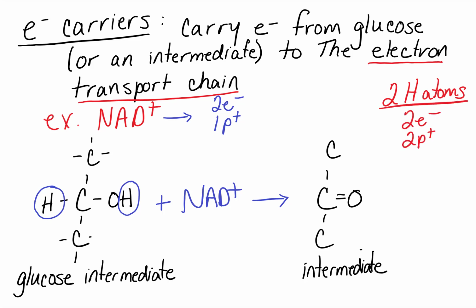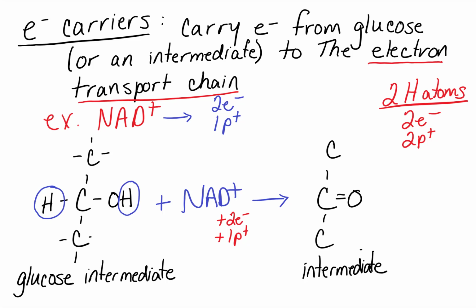and 2 protons. So we know that NAD+ can pick up 2 electrons, that's its carrying capacity, plus 1 proton. Okay? NAD+ already has an extra proton in the molecule, giving it a positive charge, and we're adding a second positive charge.